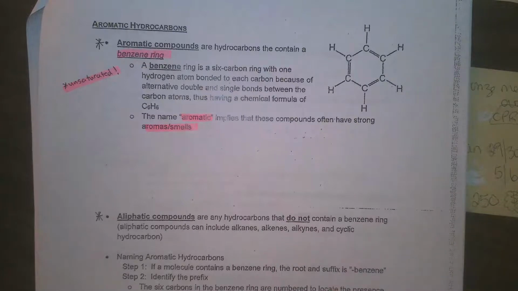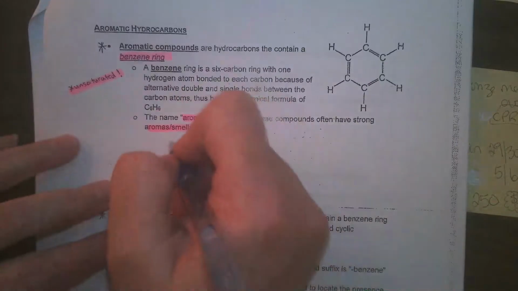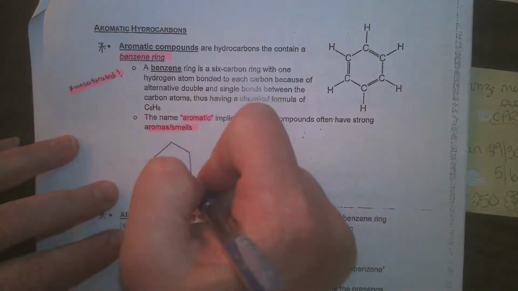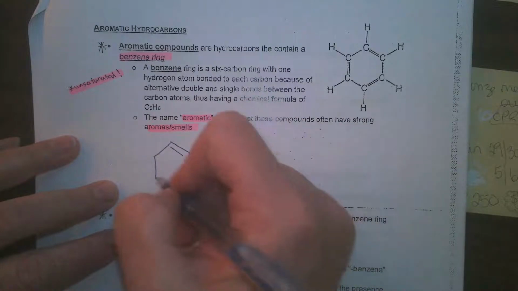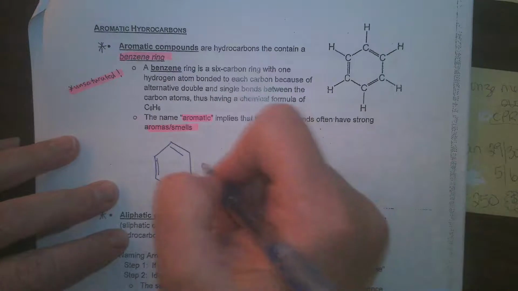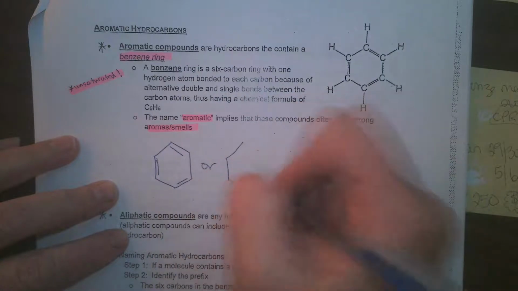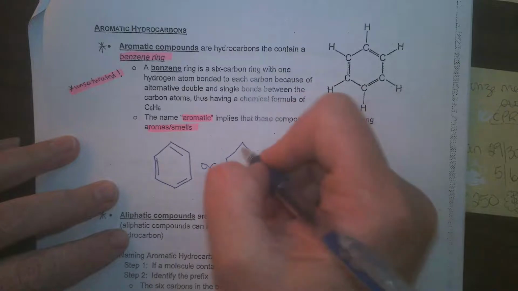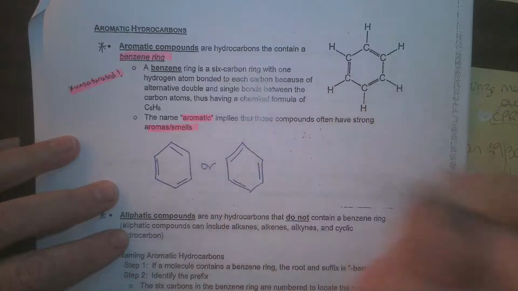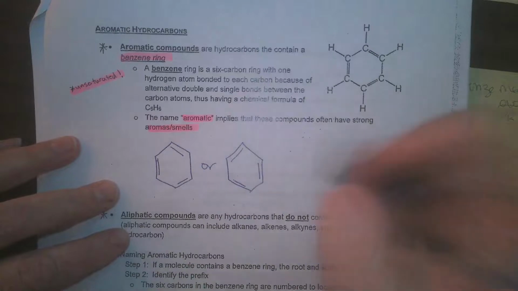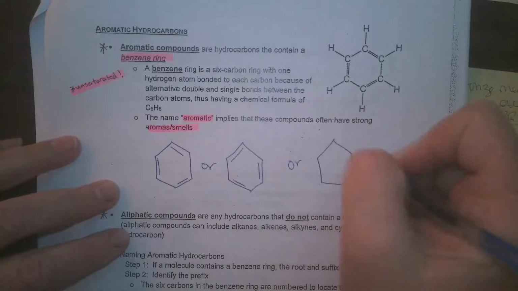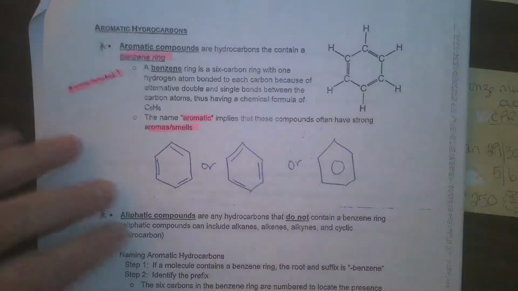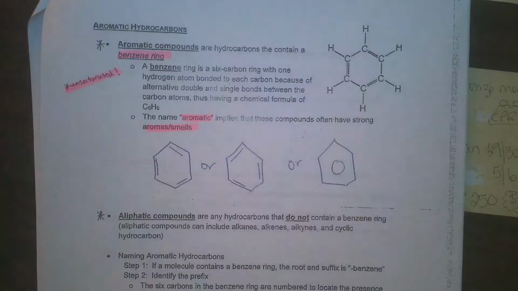There are quite a few ways to draw this. Three down one side, so you can go double bond, skip, and then a double bond. Or you could go the other way. Either or, they're the same thing. Or, and this is the lazy chemist way of doing it, just draw a circle, which means that all of those are double bonded to their neighbors.